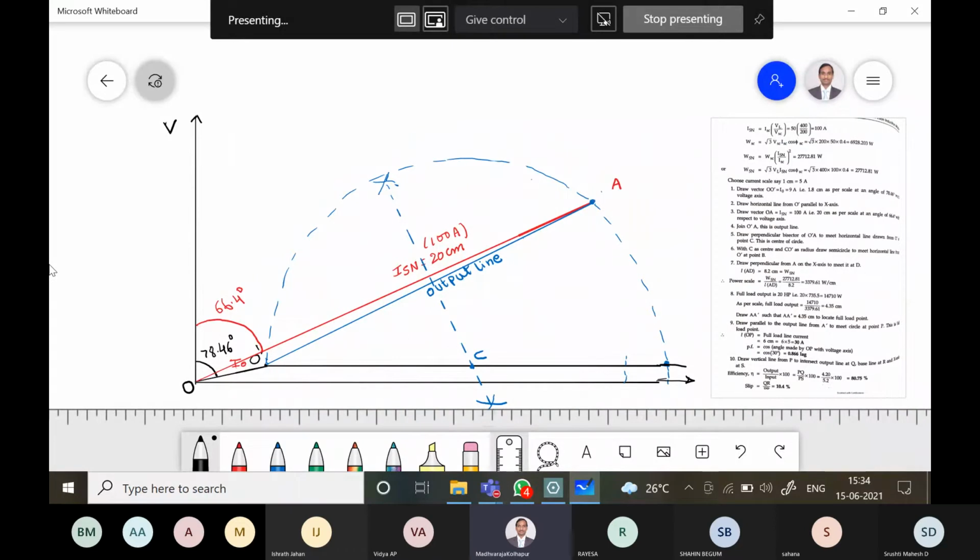after drawing the semicircle, draw a perpendicular from point A to meet the horizontal line.